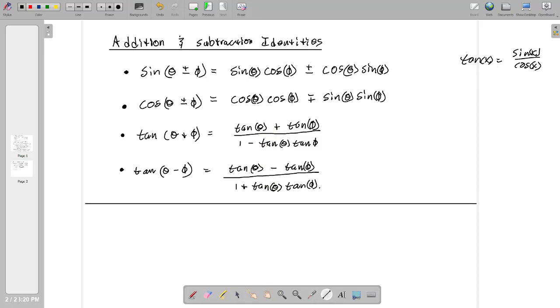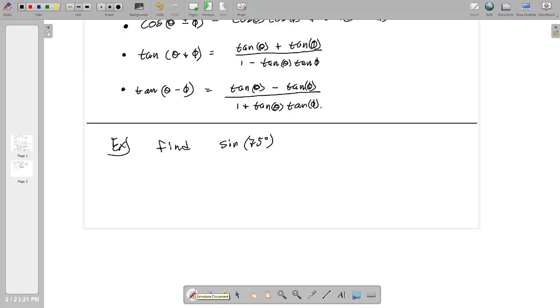Now let's go ahead and apply this. So let's do an example here. Find sine of 75 degrees. So what we need to do here is we need to break 75 up into two angles that are on the unit circle that add up to 75 degrees. And I think the easiest way to do it is sine of 30 degrees plus 45 degrees.